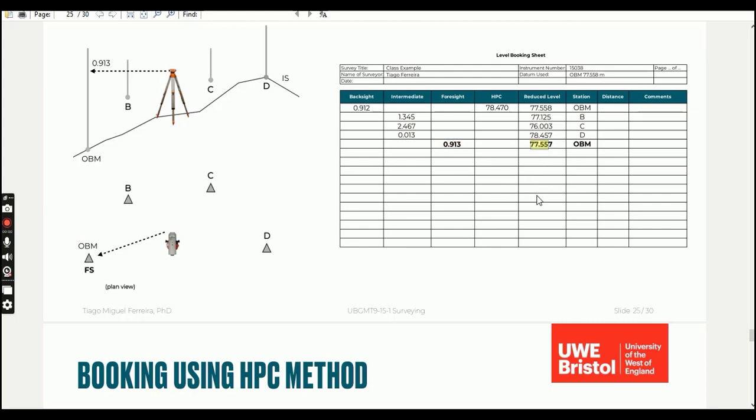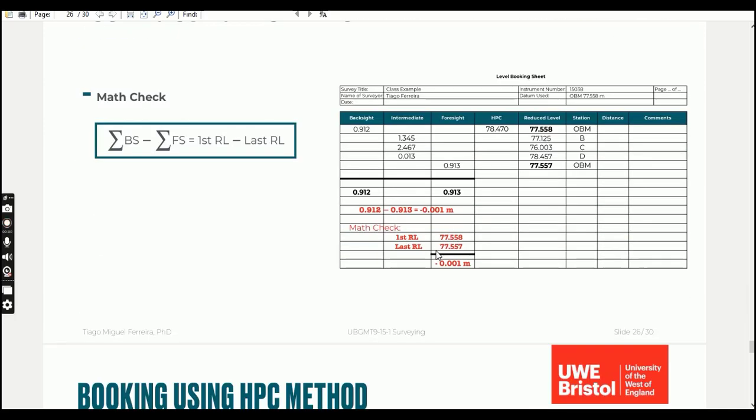It can be the same or a little different if we have some error. So we can make a math check: the sum of backsight and the sum of foresight, subtract them, and then the first RL minus the last RL should be the same.